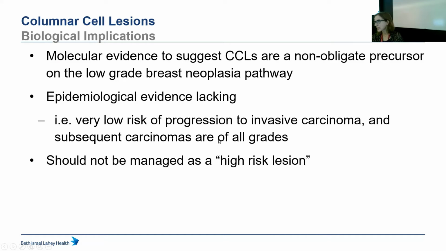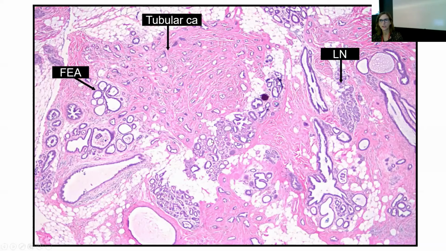And so FEA certainly should not be managed as a high-risk lesion in the same way that ADH and lobular carcinoma in situ are managed, but biologically it has the same alterations as we see in ADH and in atypical ductal hyperplasia.